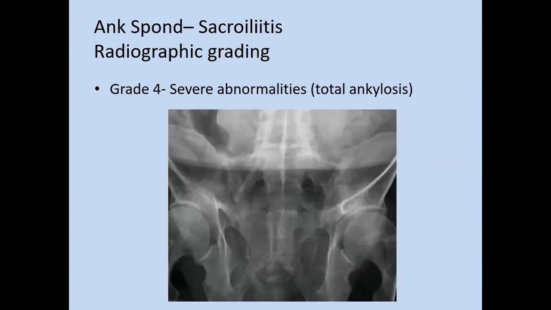Grade 4 is when there is complete ankylosing of the sacroiliac joints. That's a very advanced stage, the end stage of ankylosing spondylitis, and we see the dagger sign here as well. So this patient either has been missed, never been treated, never been investigated, and presented with advanced stage ankylosing spondylitis.